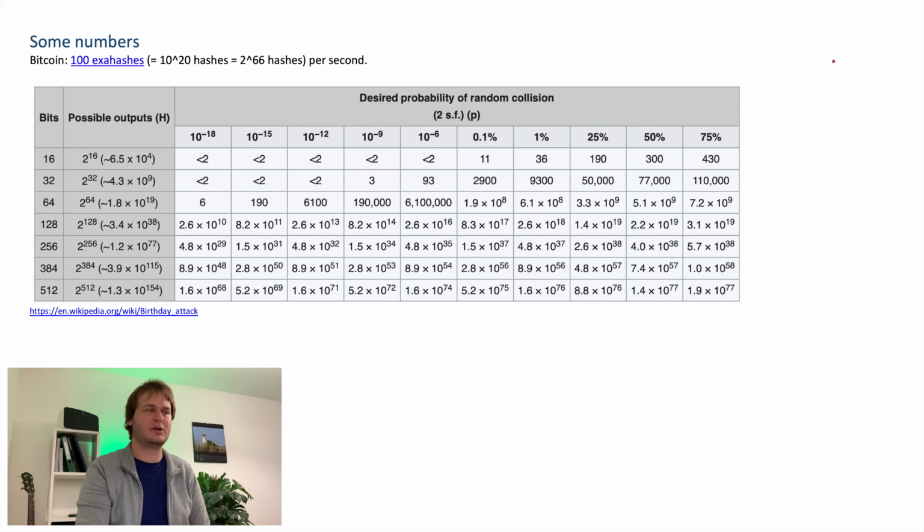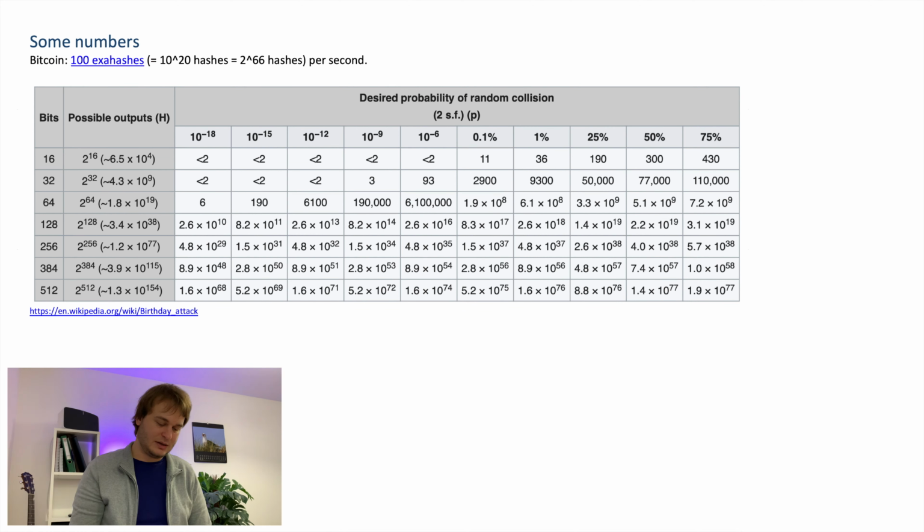So the Bitcoin network uses like 0.2% of the world's energy supply, meaning that we're off by at most a factor of 500 of what the world would be capable of computing using the current power supply. So the Bitcoin network today has a hash rate of approximately 100 exahashes per second.